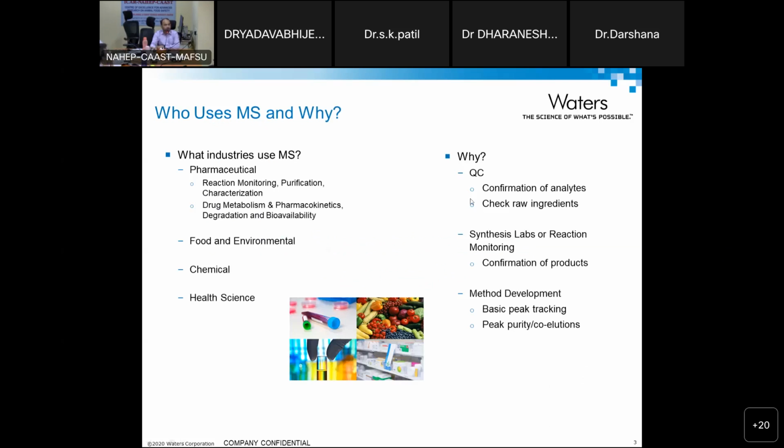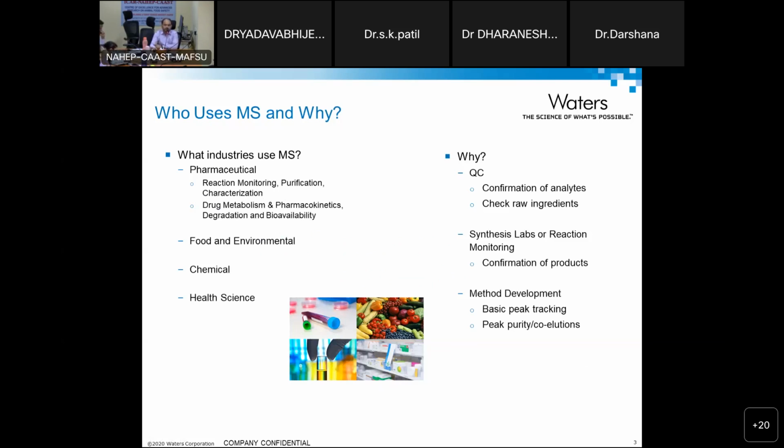Okay. So mass spectrometry is a very versatile technique, and as I have told you earlier, it offers very significant advantages over other detectors because of the way it functions. Mass spectrometers can be used in pharmaceutical industries for reaction monitoring, purification, characterization, and quantification of different impurities present at trace levels in the drug products and so on.